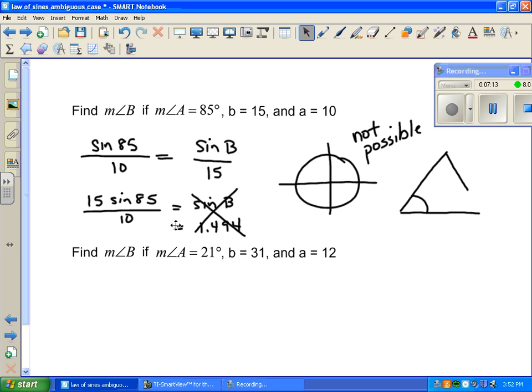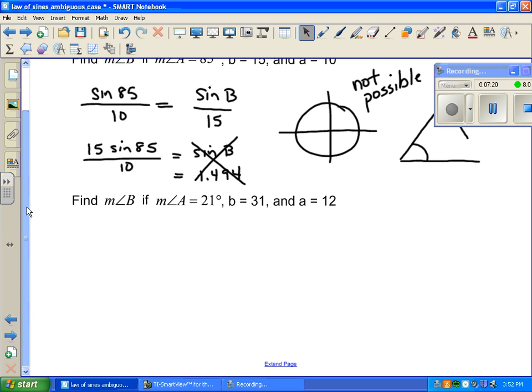All right, so we've had an example where we did get a triangle, and now we have one where we don't. My third example is going to be an example where we get two possible triangles, or two possible angles for B. Okay, if I set it up, the sine of 21 degrees divided by 12 equals the sine of B divided by 31.